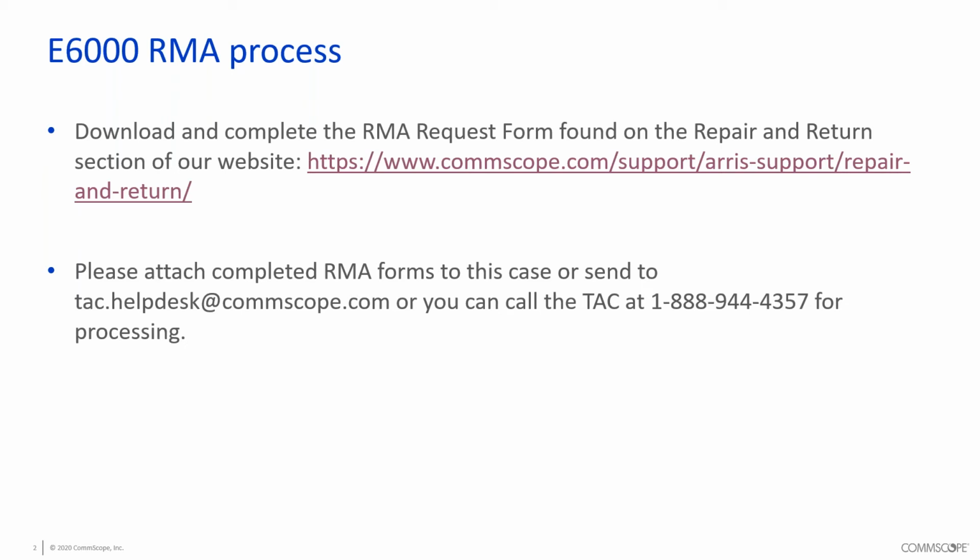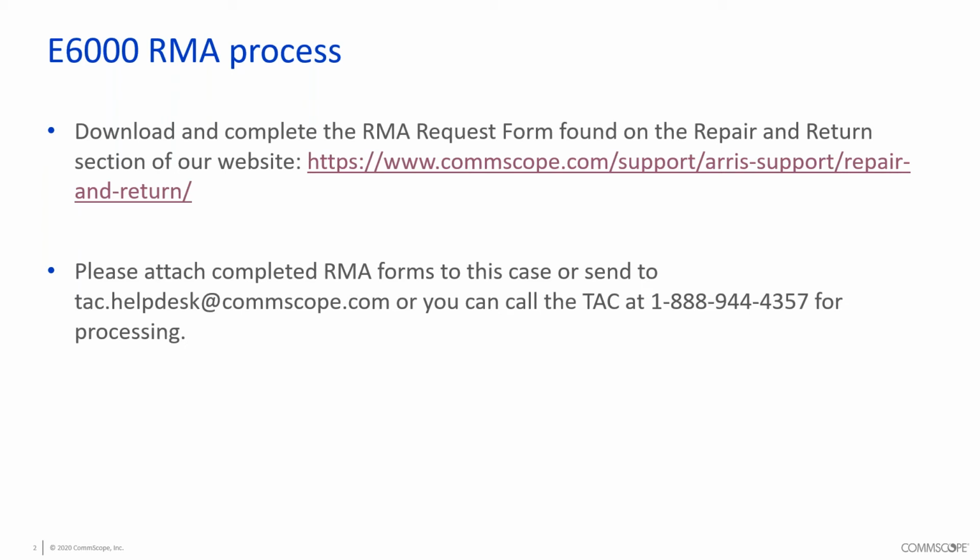Once you have the form completely filled out, you can send that as an attachment to our TAC help desk, tac.helpdesk@commscope.com, or you can call them at 188-944-4357 for processing.